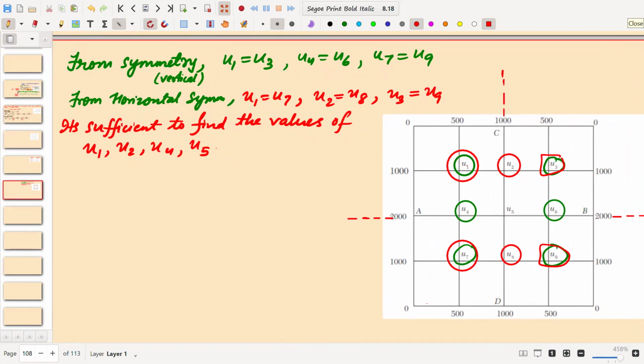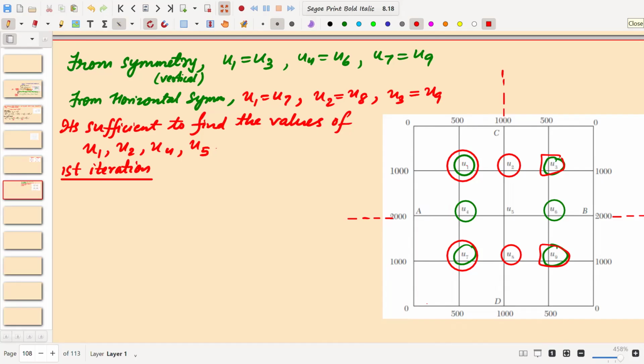Now here the trick is, we have to do the first iteration. In the first iteration, wherever you can apply both the standard 5-point formula and the diagonal 5-point formula, better choose standard because that is more accurate. If there is no choice to apply the standard 5-point, because there is one unknown there, then you can apply diagonal.